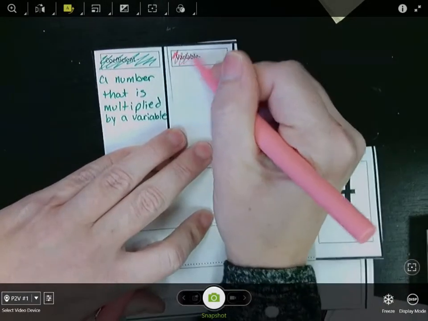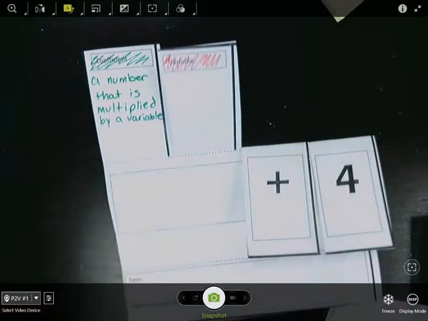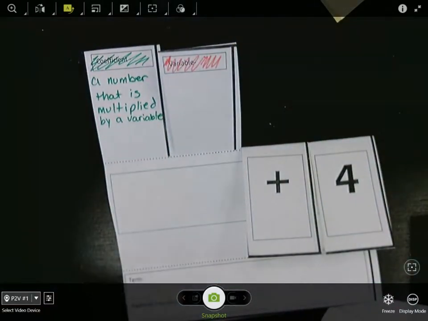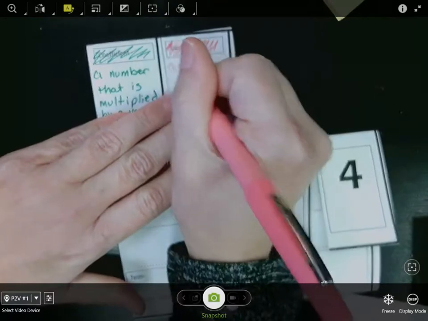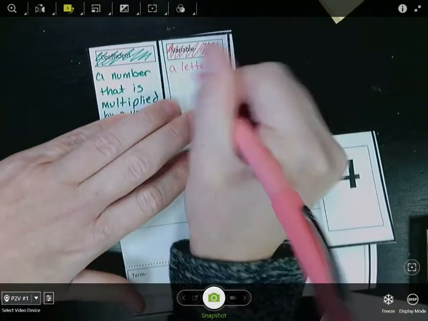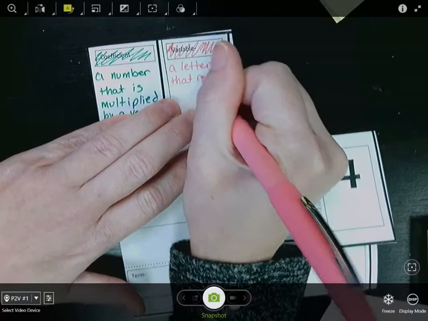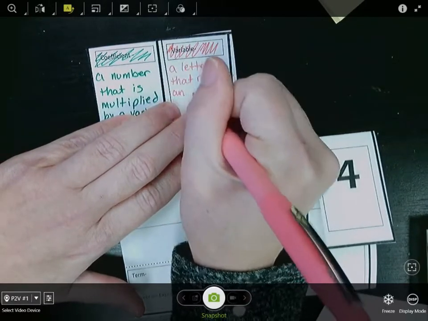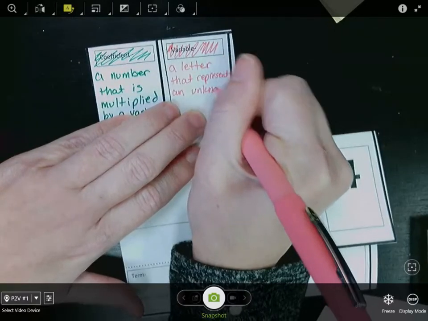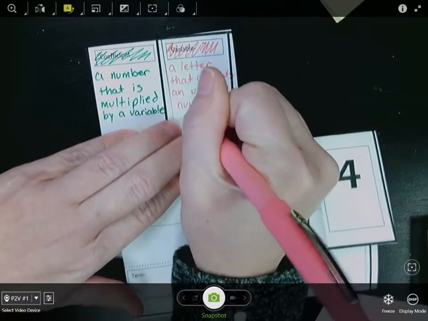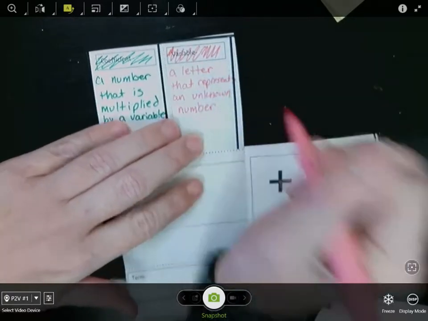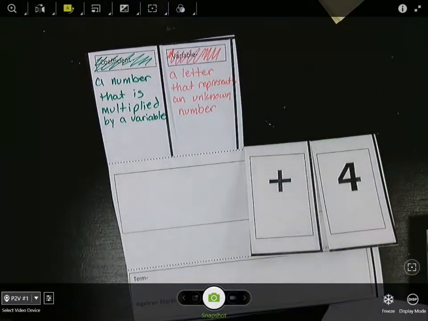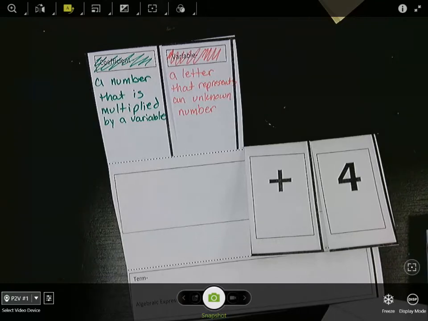Okay, that's the variable. A variable is a letter that represents an unknown number. Okay. So if we don't know what the number is, we put a letter in place of it. Okay, so 3x, 3 times x. 3 is the coefficient, x is the variable.